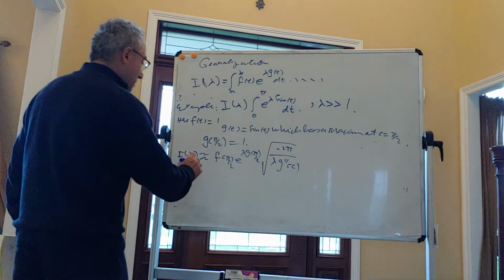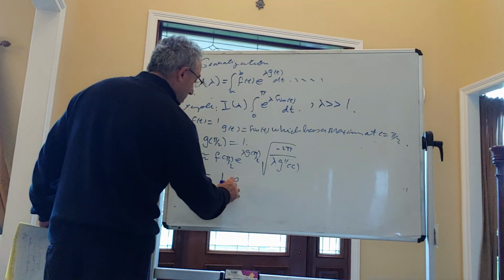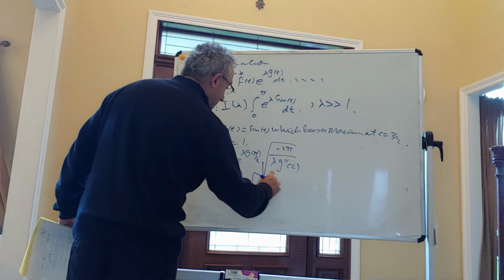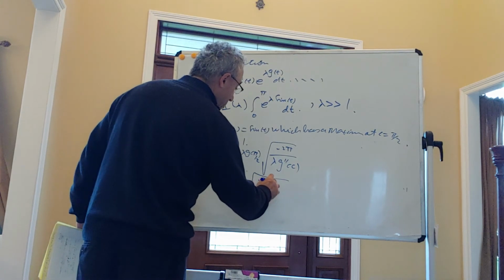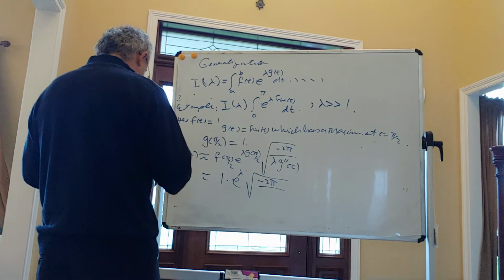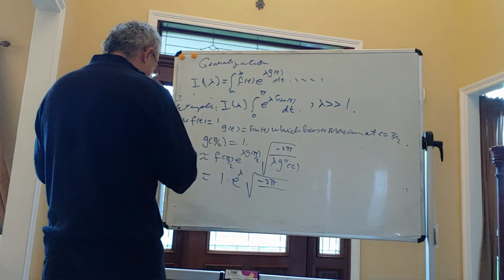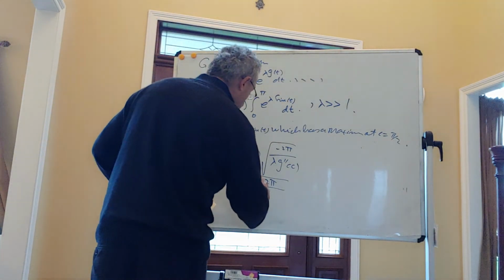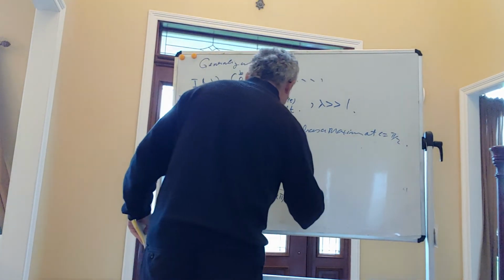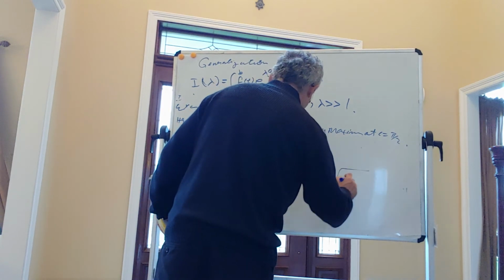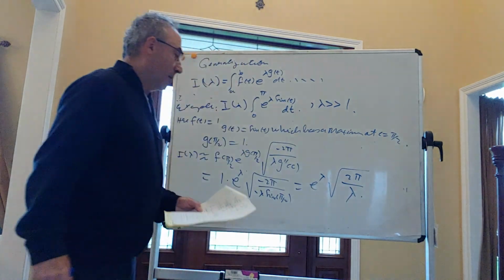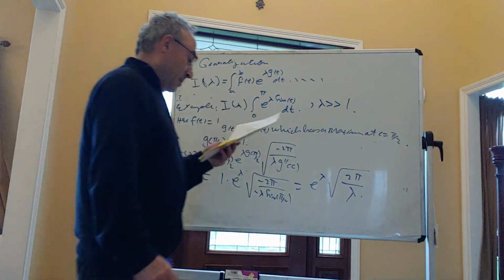So this is going to be 1 times e to the lambda, g of pi over 2 is 1, times the square root of minus 2 pi over minus lambda sine pi over 2. So that is e to the lambda times the square root of 2 pi over lambda, for lambda being large. Okay?